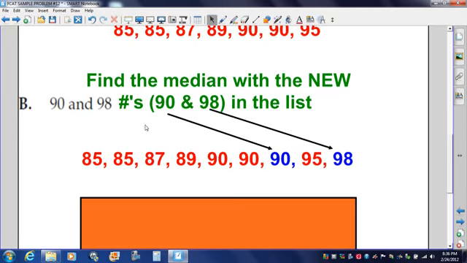please rewrite the list. Make sure you put 90 and 98 in it this time.